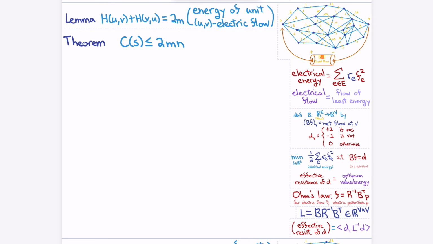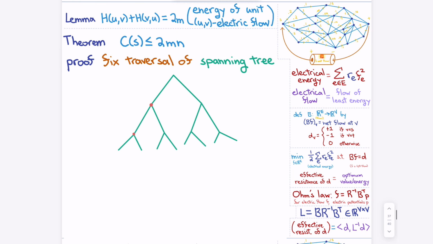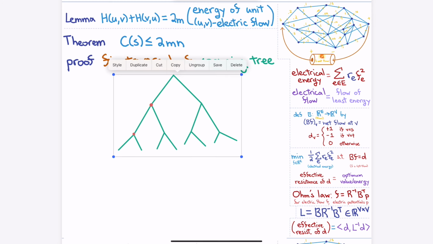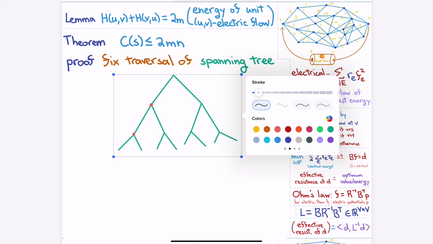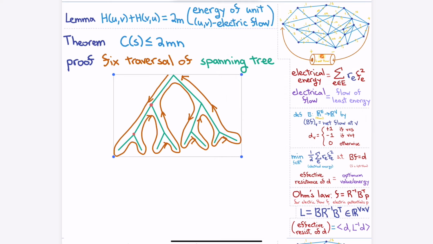Spanning tree. Okay. So take any spanning tree and fix any traversal. So check this out. Okay, so fix any traversal of this spanning tree.